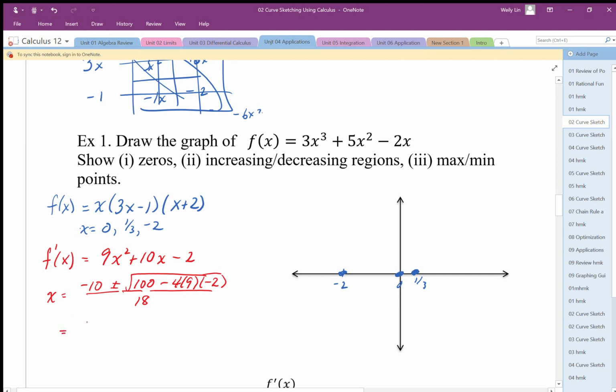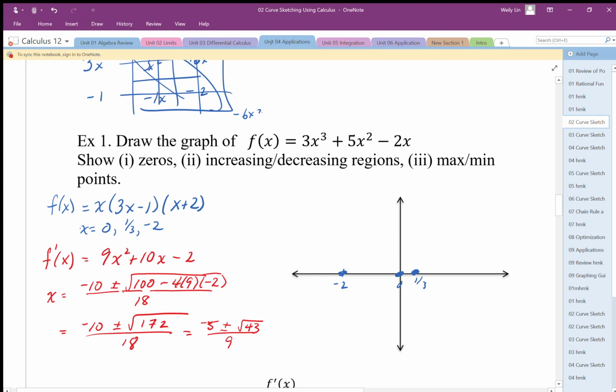Solving for that, I get negative 10 plus or minus the square root of 172 all over 18. I can factor a common factor of 4 out of there, so it ends up as 2 on the outside. So I'm going to simplify everything by 2. So I end up with square root 43 in here all over 9.